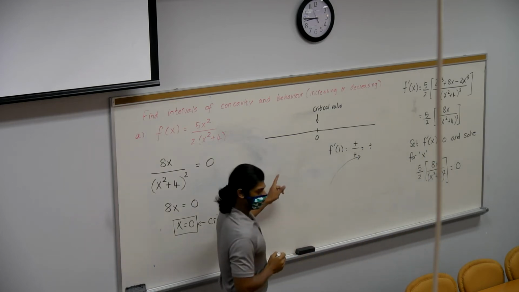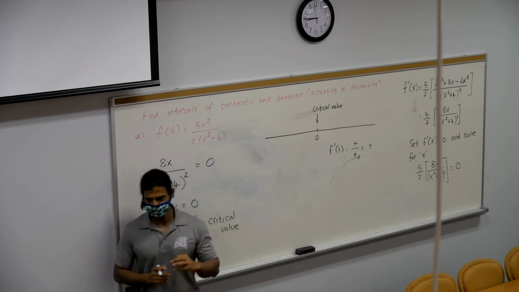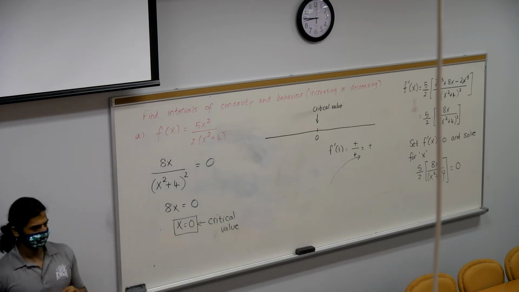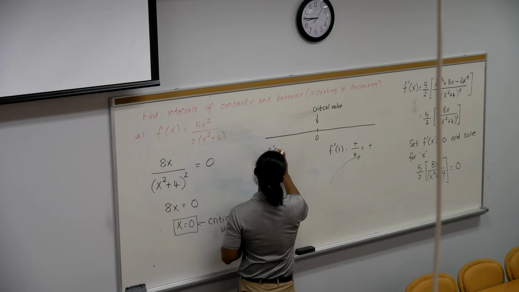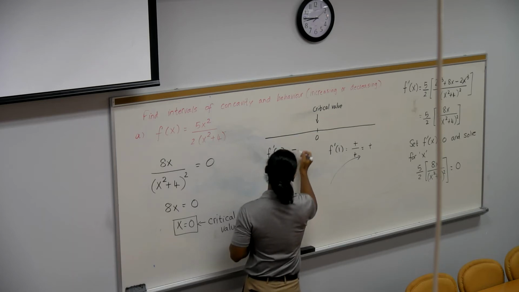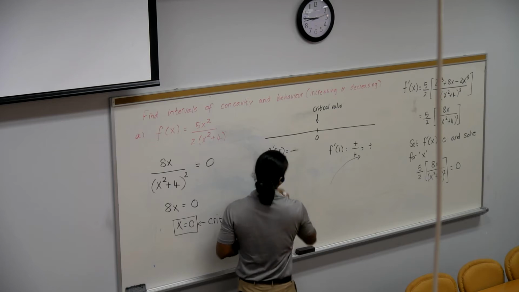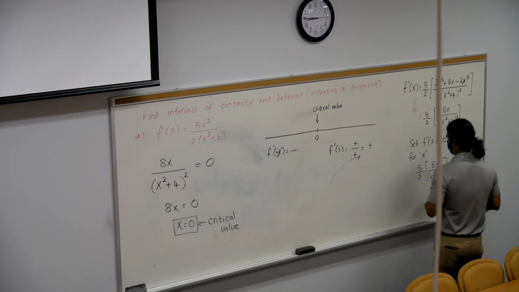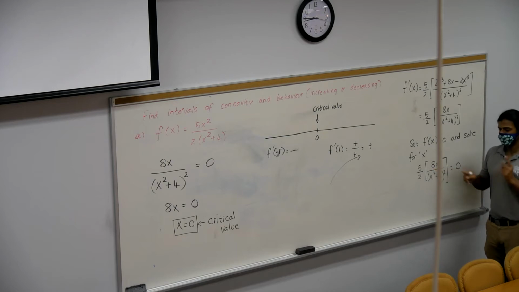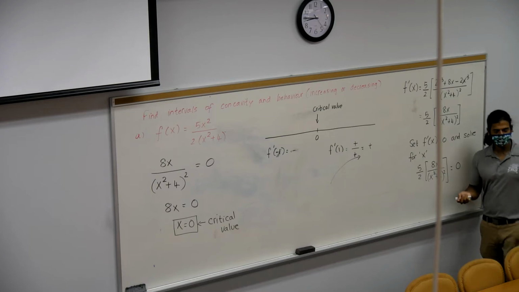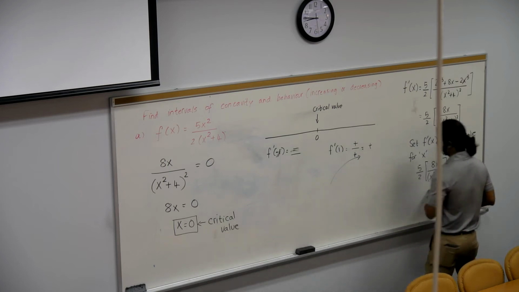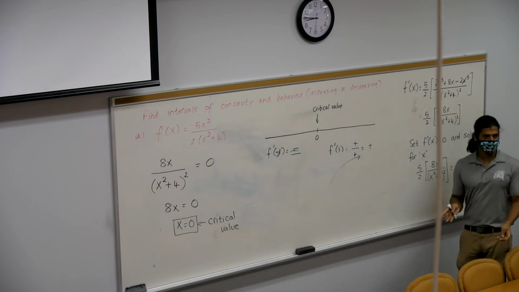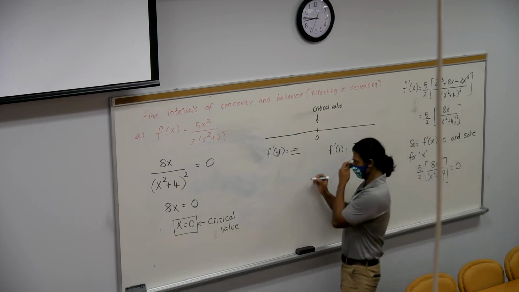Pick an easy number on this side to the left of 0. What should it be? -1. Eight multiplied by -1. Am I going to get a negative number or a positive number? Negative. Divided by the denominator, which is a perfect square, so no matter what number you put, you would end up getting a positive number.